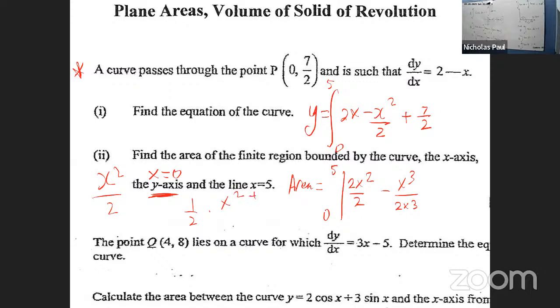When you add 1 to the power, you divide by the new power, so you'll end up with x cubed over 6. And then the integral of 7 over 2 is 7 over 2 x. So when you simplify it, underneath here is 6. Then plug in 5 and 0.